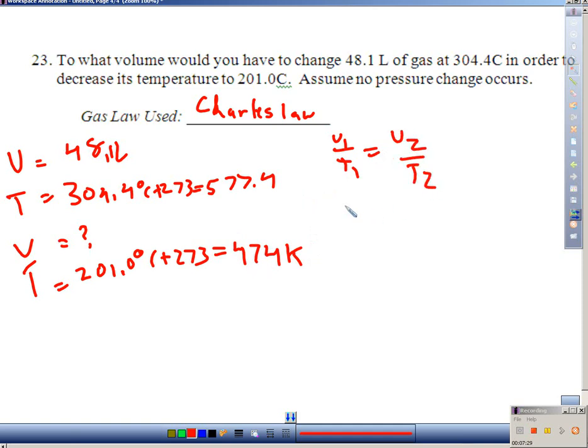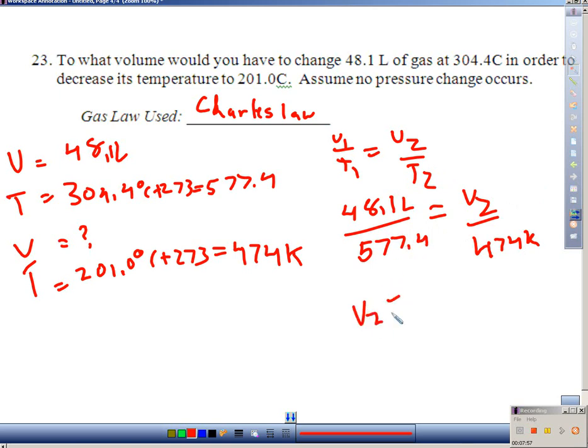And then I plug it in. So it's 48.1 liters divided by 577.4 equals V2 over 474 K. So however you do it, I would multiply these two numbers together and then divide by that one. Basically it's the cross multiply and divide, but I don't have to cross multiply this side.